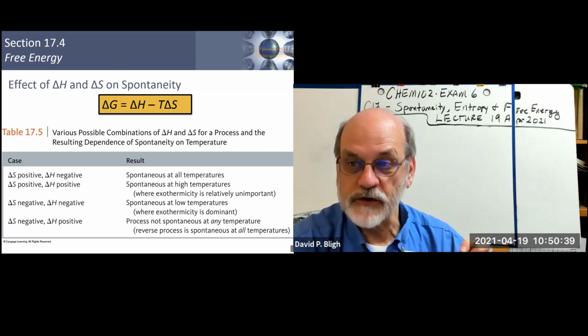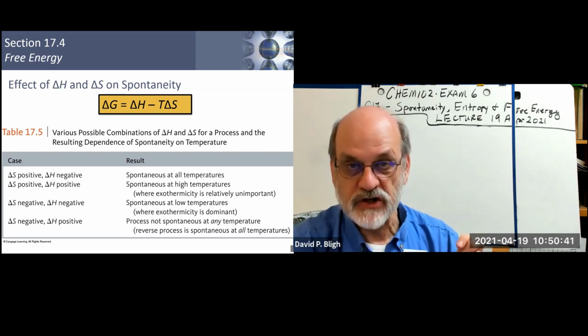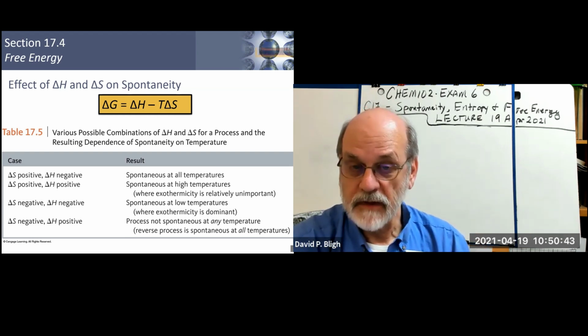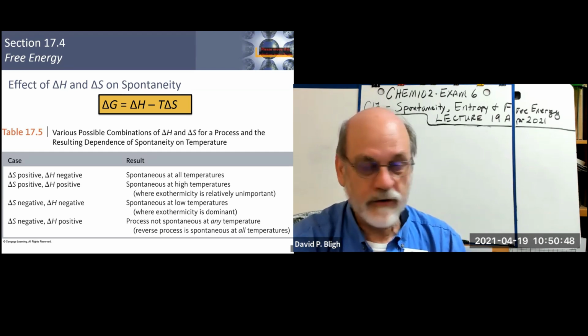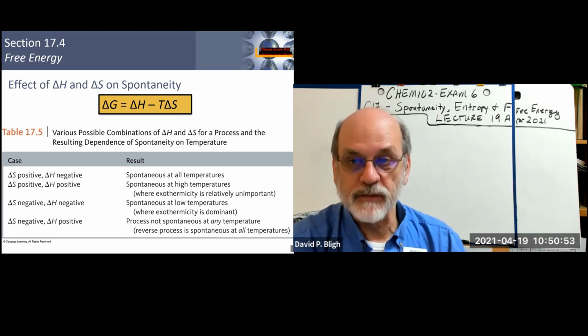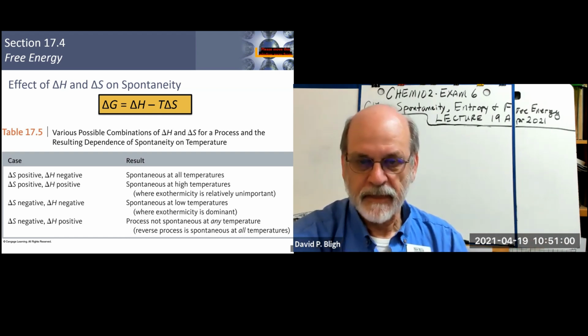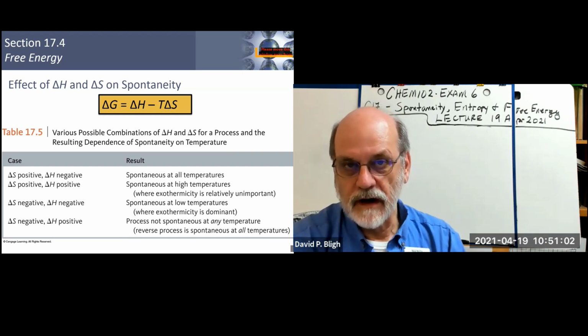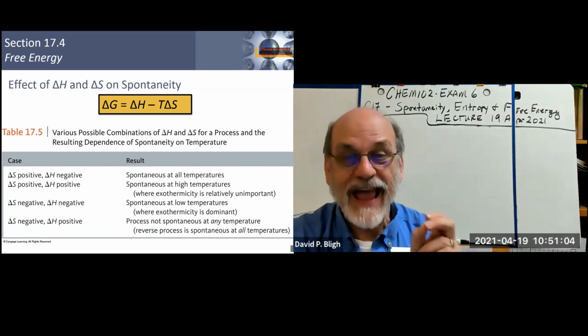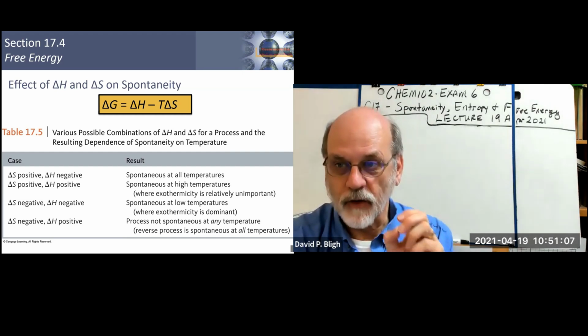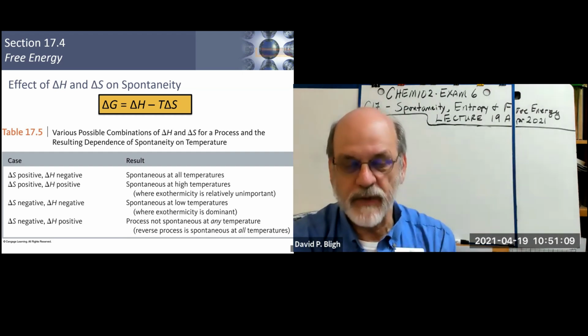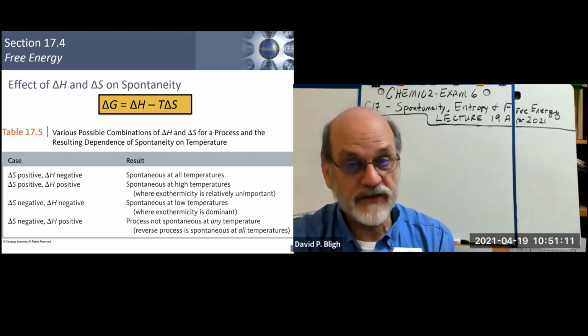It gives us a reference point for all other entropy changes, which means that every delta S listed in every reference manual for any change is always positive. It's like Kelvin temperature, which is always positive. The standard delta S for any process is always positive, and it's always non-zero also.